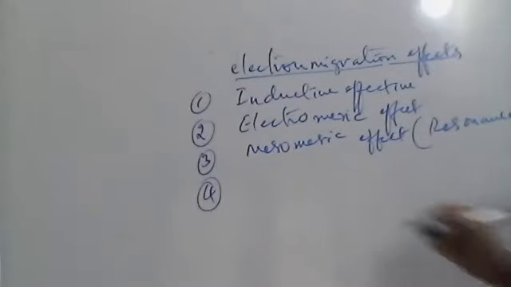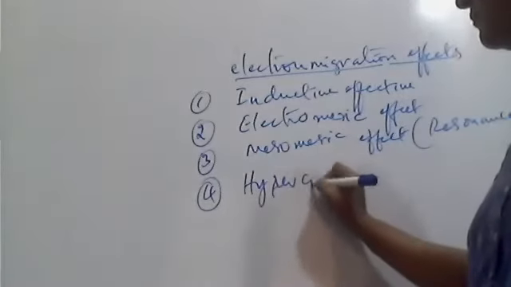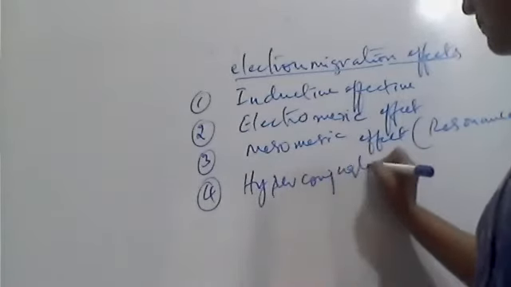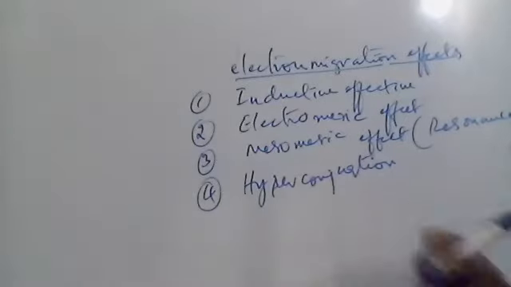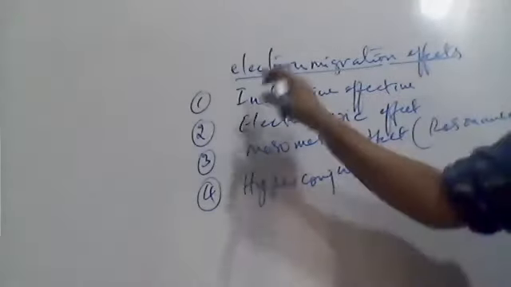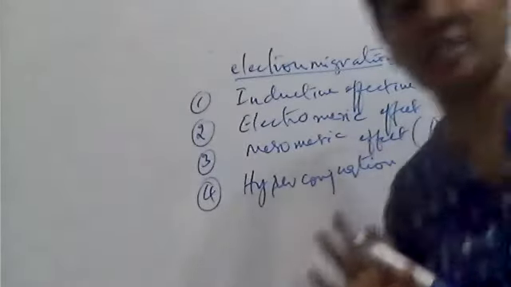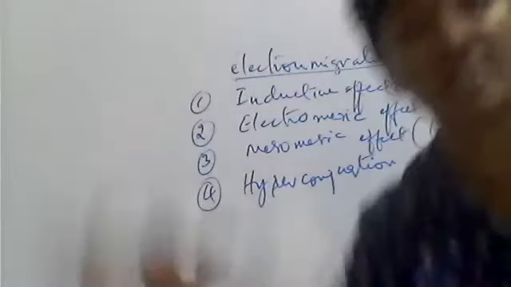And the last one is hyperconjugation. So these are different effects where you see movement of a bond towards an electronegative atom or electronegative system.